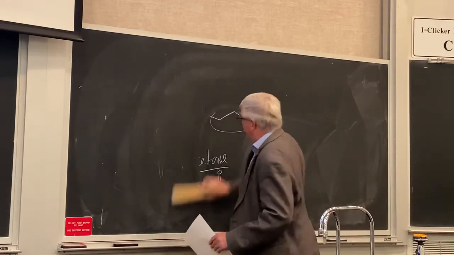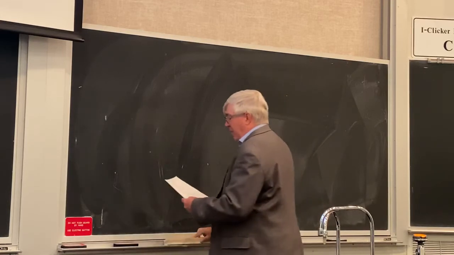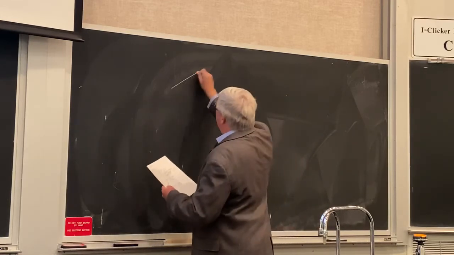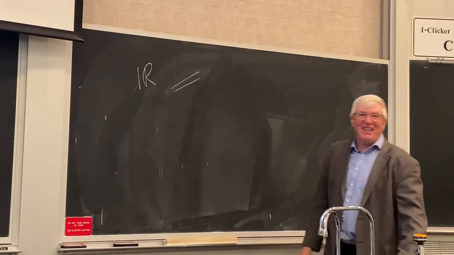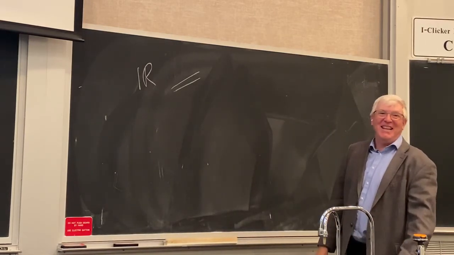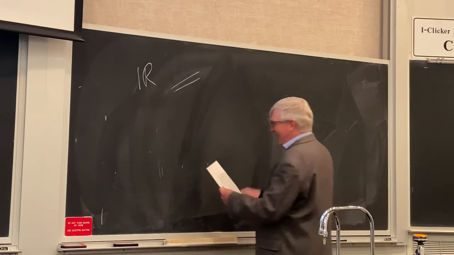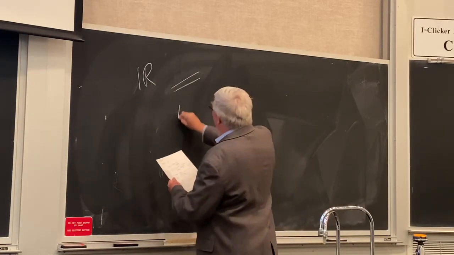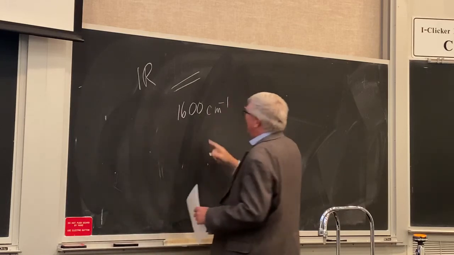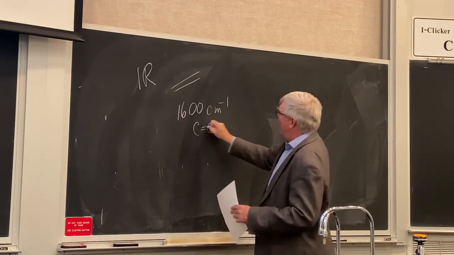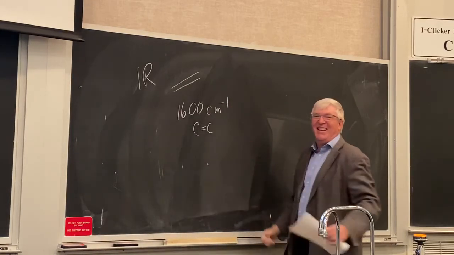Okay, how about a little bit on spectroscopy and the properties here. Let's look at the IR. Now, that's a while ago. That's chapter 13, I think, back in 351. And the IR stretch here is at 1,600 inverse centimeters. And that's the carbon-carbon stretch for a double bond, okay?